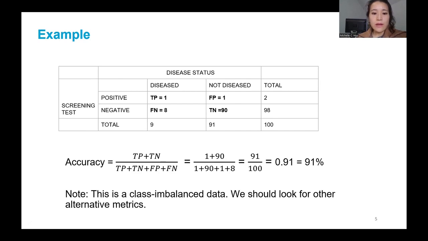So the correct classification rate, following the formula, is the sum of the diagonal divided by the sample size. Here we have true positive plus true negative, which is 91, divided by a sample size of 100, which is 91%.